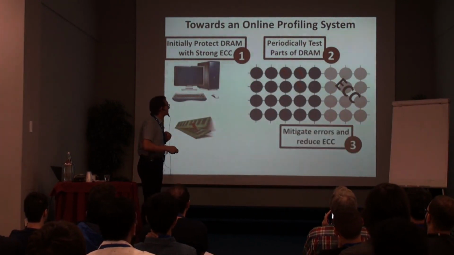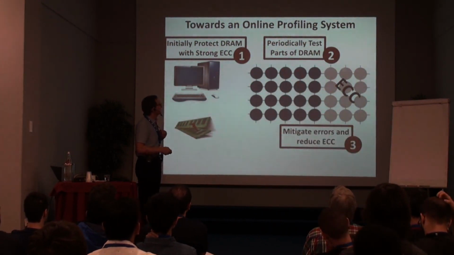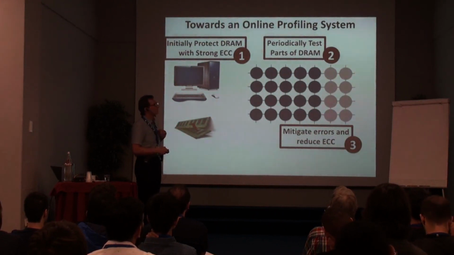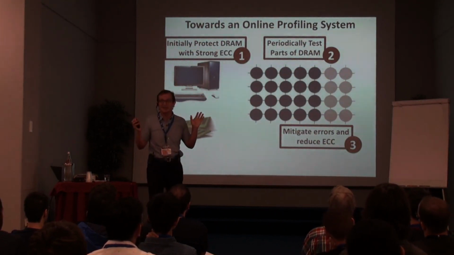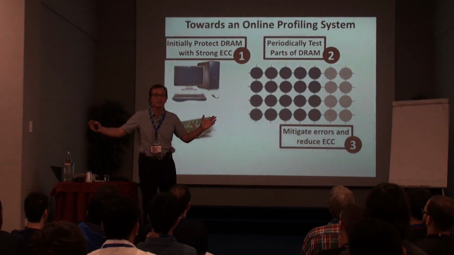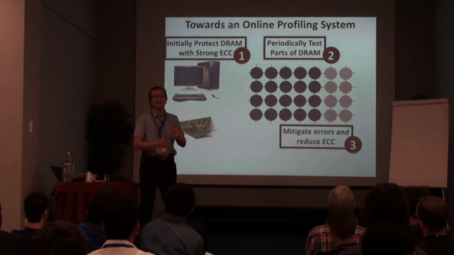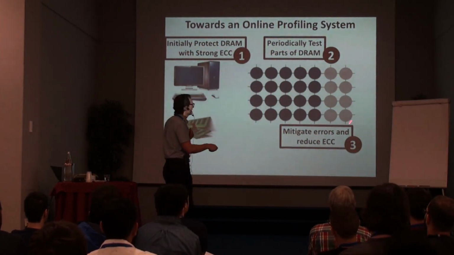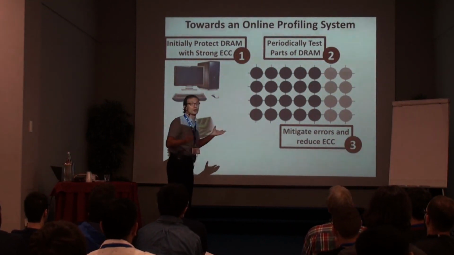If you refresh it less often, you basically can reduce the error correcting codes that are dedicated for some parts of DRAM. That's the idea. Because you don't need that much error correction because you have figured out online that these rows are strong.